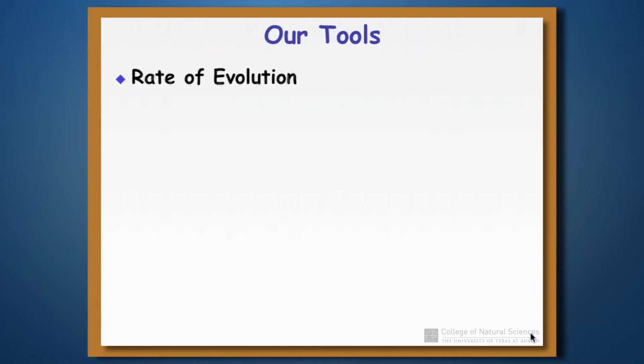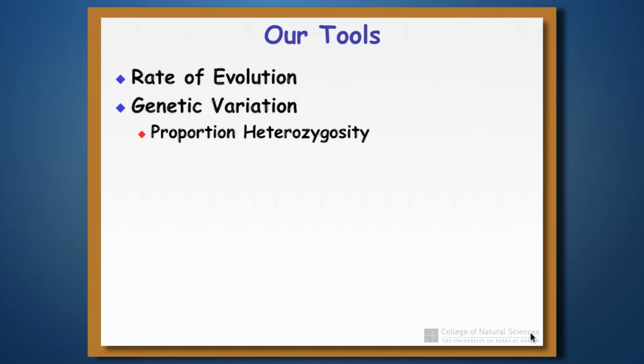All right, let's remember now what we've done. We've defined a rate of evolution, which is the rate of change in a protein between a pair of species. We've talked about genetic variation, and we talked about two different measures of that: the proportion heterozygosity and the percentage of polymorphic loci.